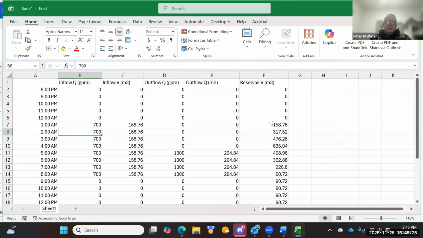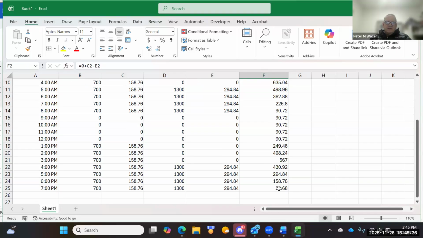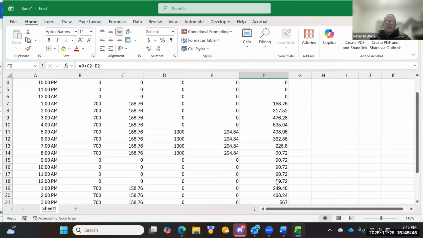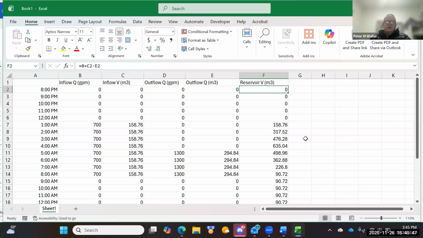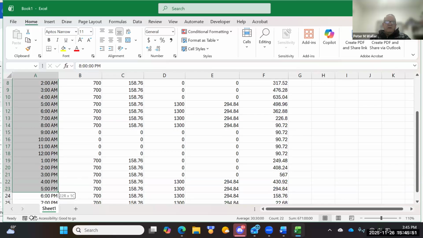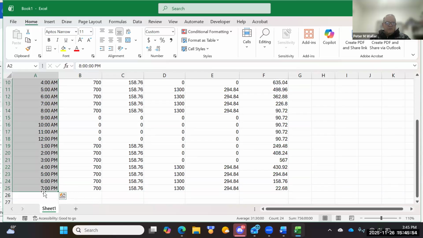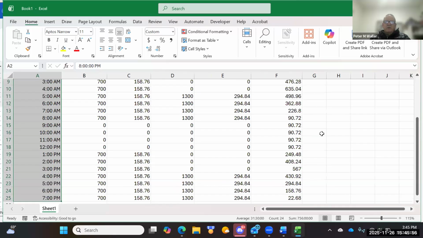So what I've done here is I've tracked my reservoir volume for time, and I could make a, well, let's not do that yet. And you can see that at the end of the day, I end up with 22. So my reservoir volume is never negative. So I have a good system here. And if I wanted to plot it, I could plot my reservoir volume versus time.